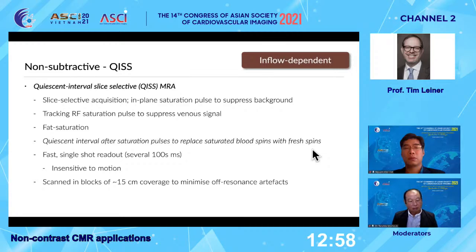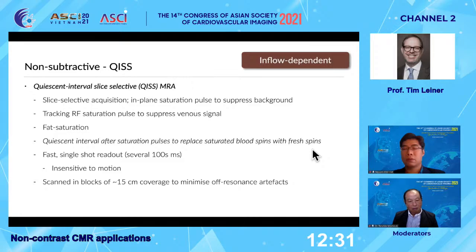Another very successful technique is the non-subtractive KISS technique, quiescent interval slice selective MR angiography is what it stands for, and this is a slice selective acquisition with an in-plane saturation pulse to suppress the background. Also, what is used in this technique is a tracking RF saturation pulse to suppress venous signal.